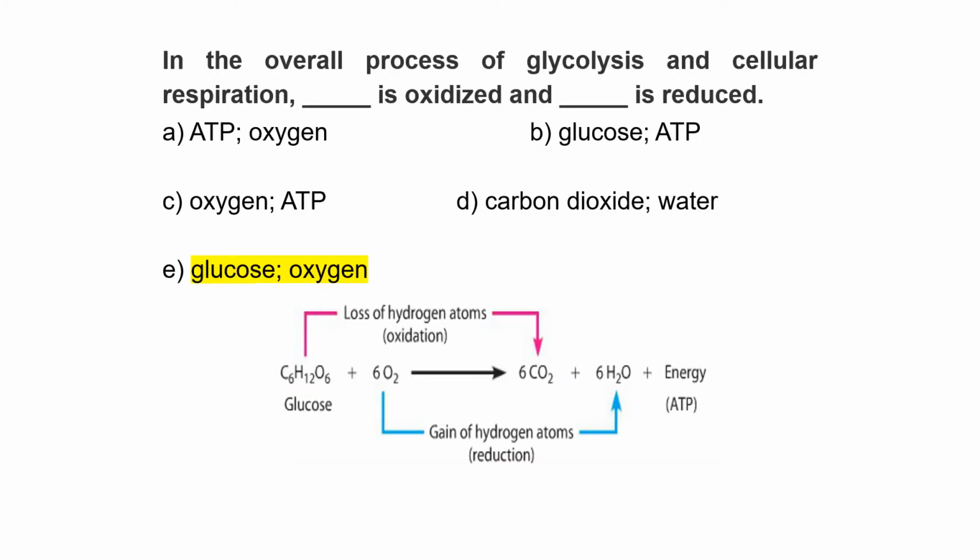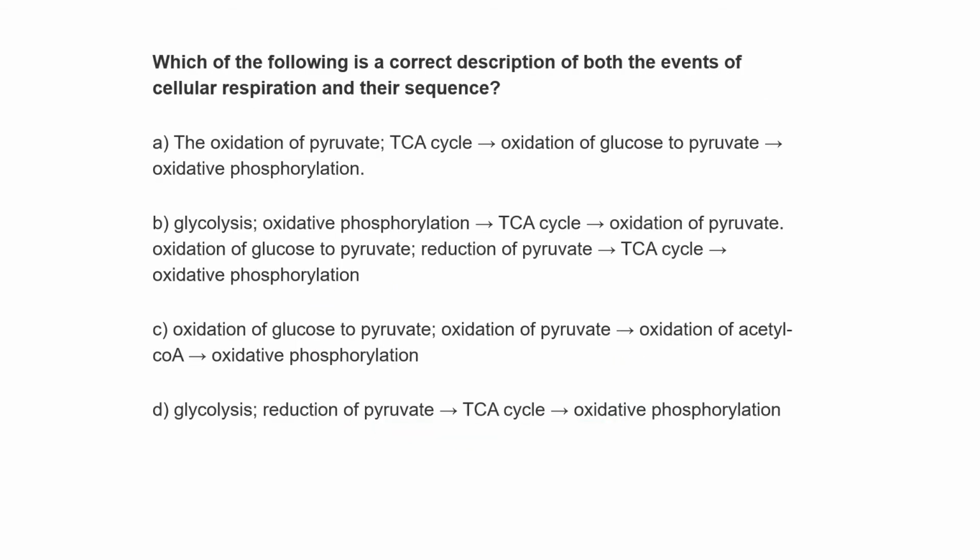Glucose is oxidized because it loses hydrogen atoms, while oxygen gains hydrogen atoms, so it's reduced. This is not a complicated question, but if you discard and reject some of the answers, let's try to do it together.